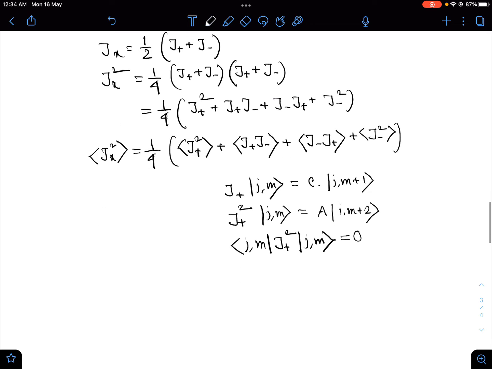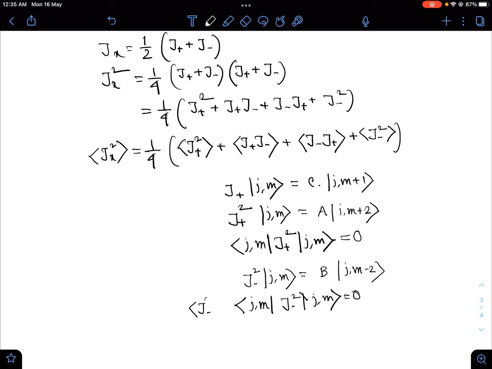In a similar manner, J minus squared on Jm will give us another coefficient and the state will be m minus 2. So here also the expectation value of J minus squared will be 0. So this is the J minus squared expectation value and this is the J plus squared expectation value.